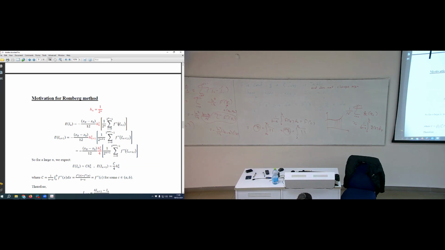So I have two ways now of calculating the integral. This is C plus epsilon 1. This is C plus epsilon 2.